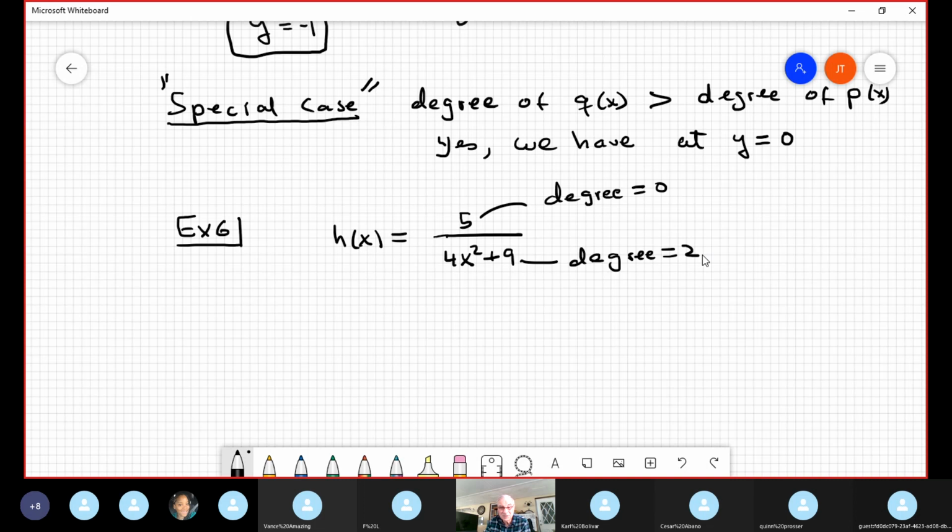The reason is, look, if you analyze the dominant term, the dominant at the top is 5. We have only 5. I can't delete it because it's the only term. But at the bottom, I can remove and ignore this 9. The dominant term increases faster than this.